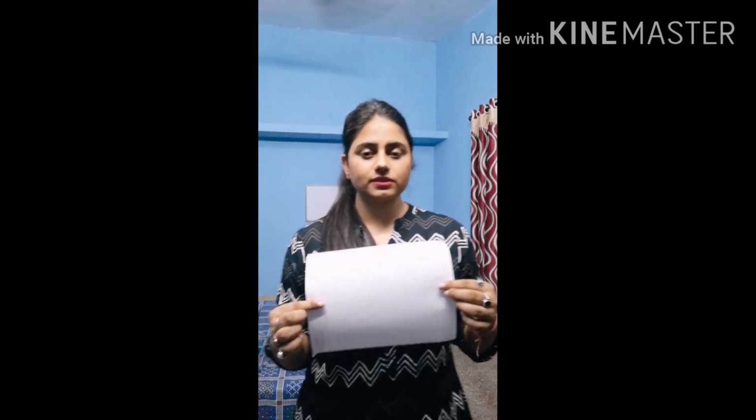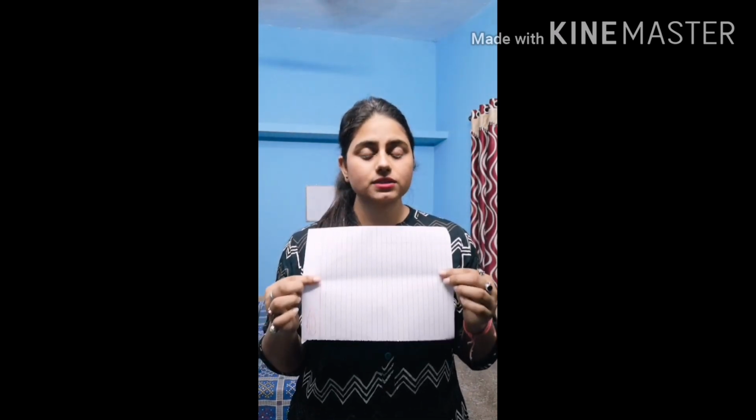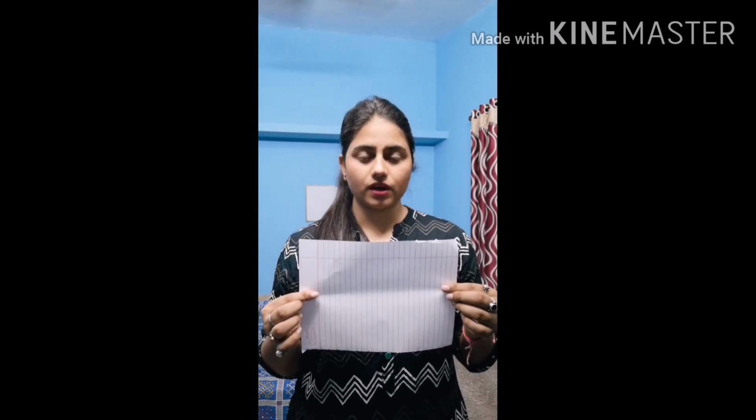The next point is particles of matter attract each other. Let's understand it with the help of an example. Take a paper and try to break it like this. Not able to do it. Why? Because the particles of this paper are held together by a strong force of attraction. That's why we are not able to break it.